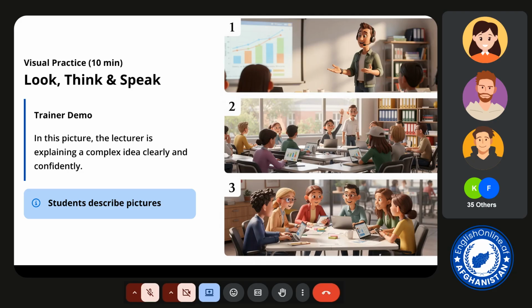The second picture shows an academic setting, according to me. There are many students in the class, including girls and boys. I think it's a practical class because every student is working with their computer, and I think they practice their lesson on the computer.